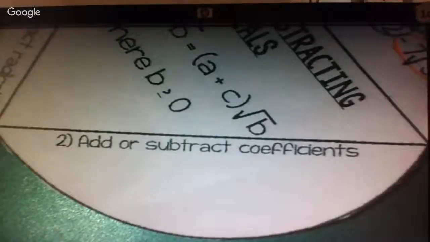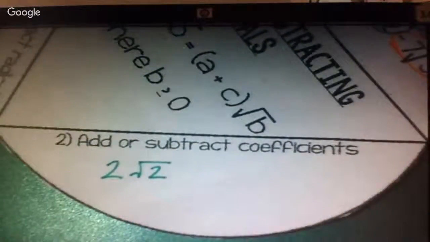Okay, so now they want us to add or subtract the coefficients. The coefficients in front of my square roots were 4 and -2, so that gives me +2. Keep your like term, square root of 2.